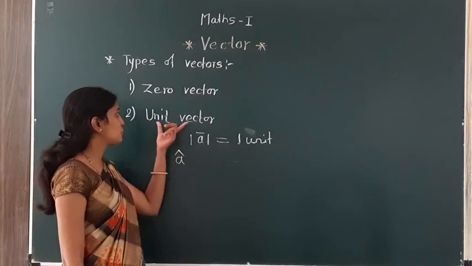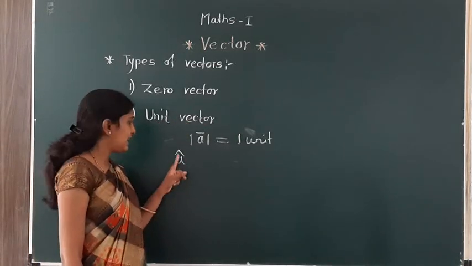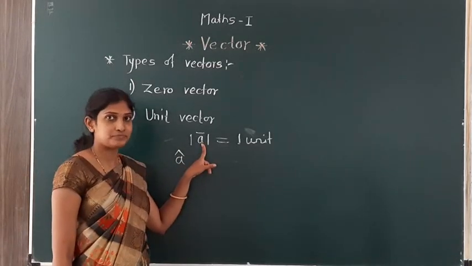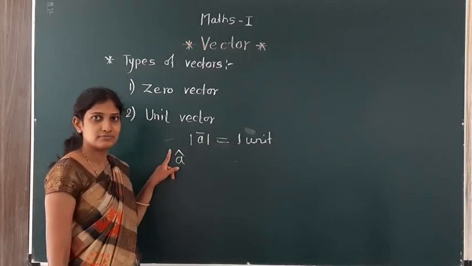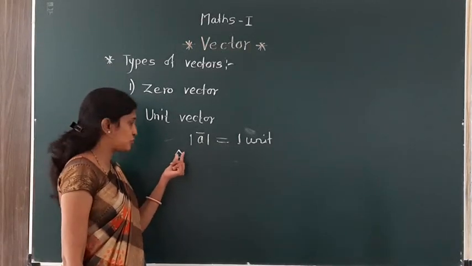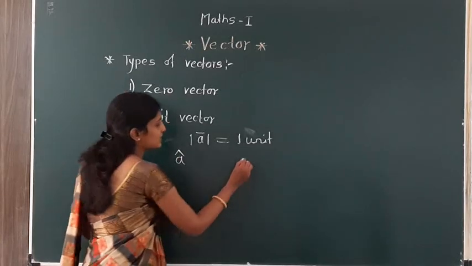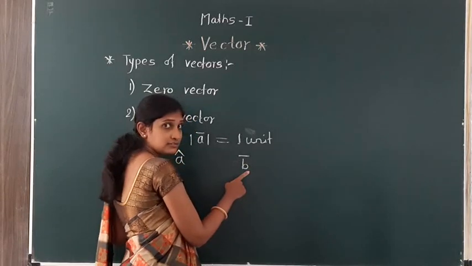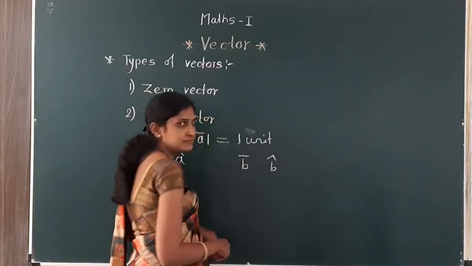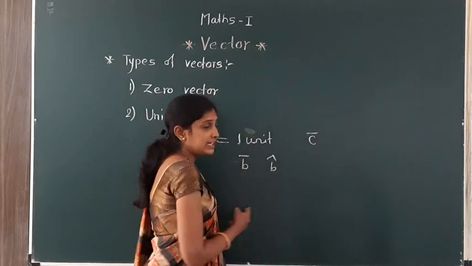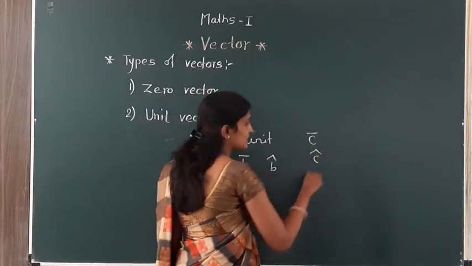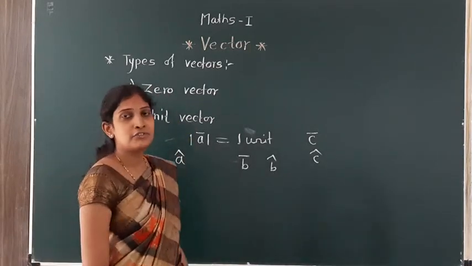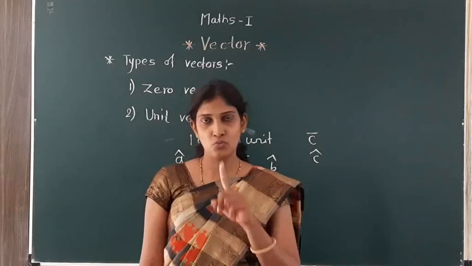It is the unit vector along a bar, a cap or a hat, whatever you want to say. If there is a vector b bar, its unit vector is b cap. If there is a vector c bar, its unit vector is c cap. So this is the unit vector, whose magnitude is 1.